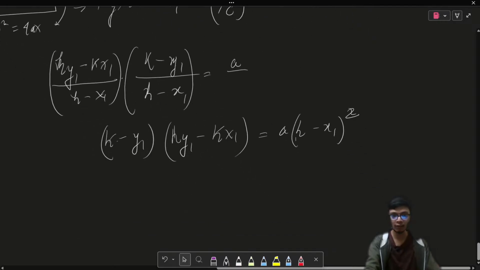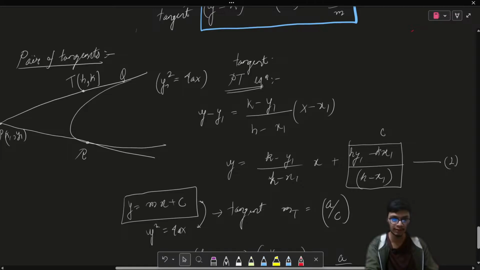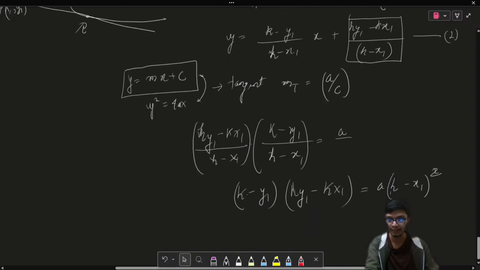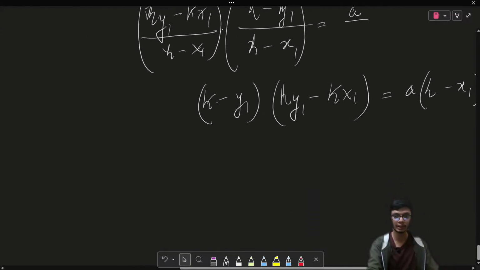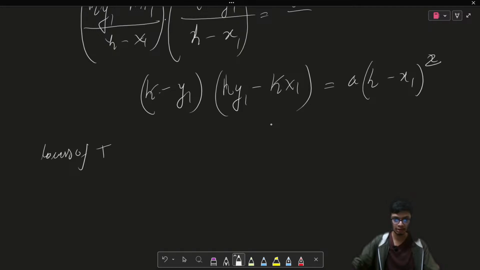Now what we try to understand is that in order to write down the pair of tangent equation, I'm going to write the locus of this point t. So the locus of this point t is going to be the pair of tangent, the combined equation of the pair of tangent. So locus of t, which is given as h comma k, is basically the equation of pair of tangent, right?